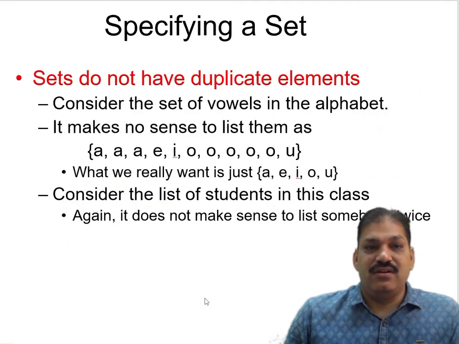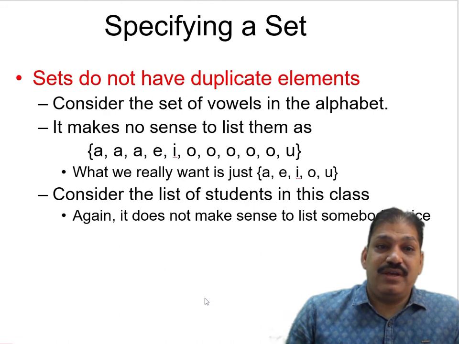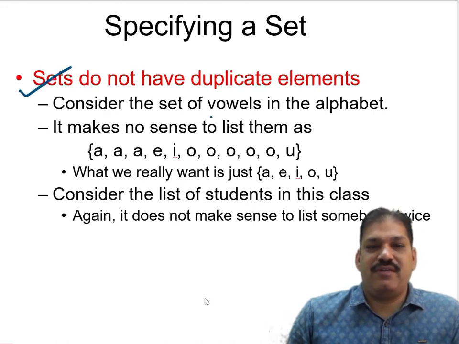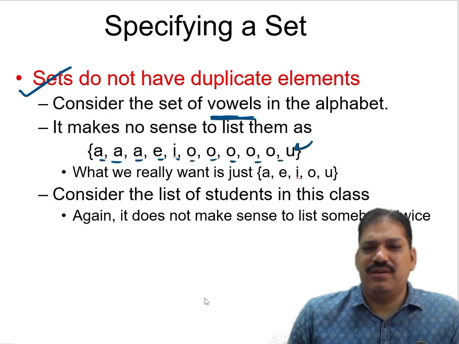Specifying a set. Sets do not have duplicate elements. Suppose we want to write the set of vowels in the alphabet. It makes no sense to list them as A, E, I, O, U, A, E. It's useless to repeat the elements.